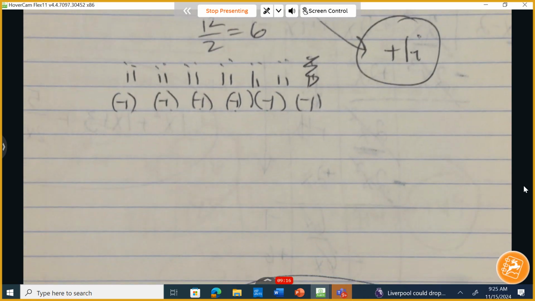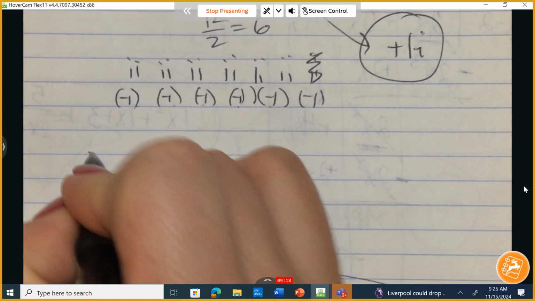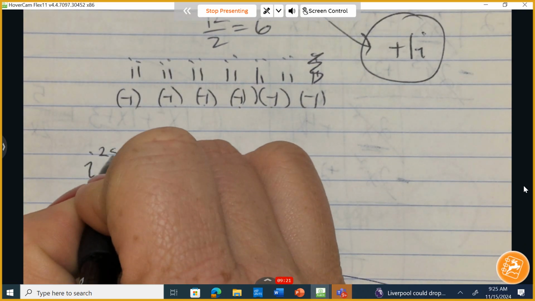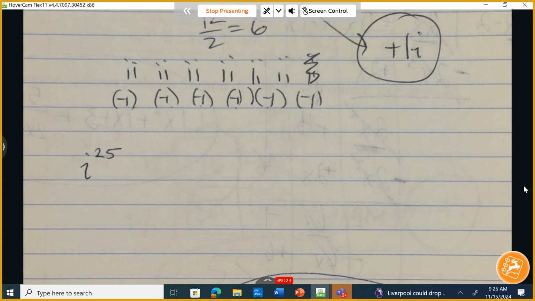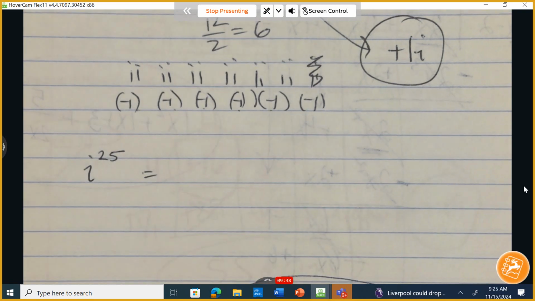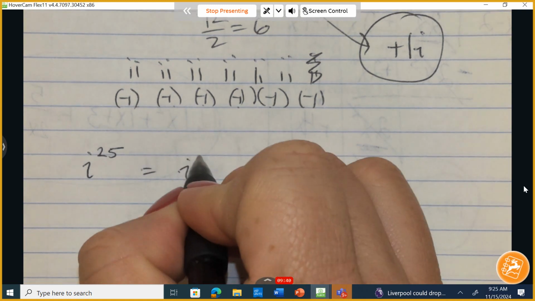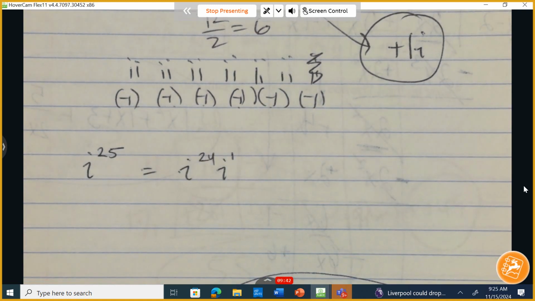Okay, you ready? I'd like you to try the next one on your own. Please try i to the 25. I'm going to rewrite i to the 25 as i to the 24 times i to the 1st.